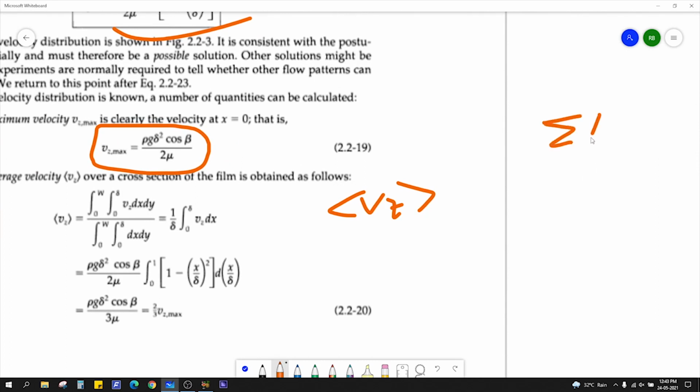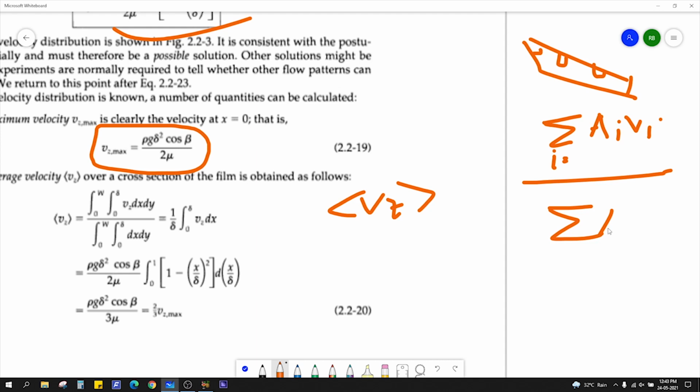If you take all the small areas, let's say the sum of v_i a_i, it's like dividing the whole flow cross section into small areas a_i, and dividing by the total area. This is your average velocity. This is called a weighted average, right? You already know weighted average. In statistics, you sometimes multiply with frequency, right? But in this case, you will multiply with area, because the velocity will change with the area, right?